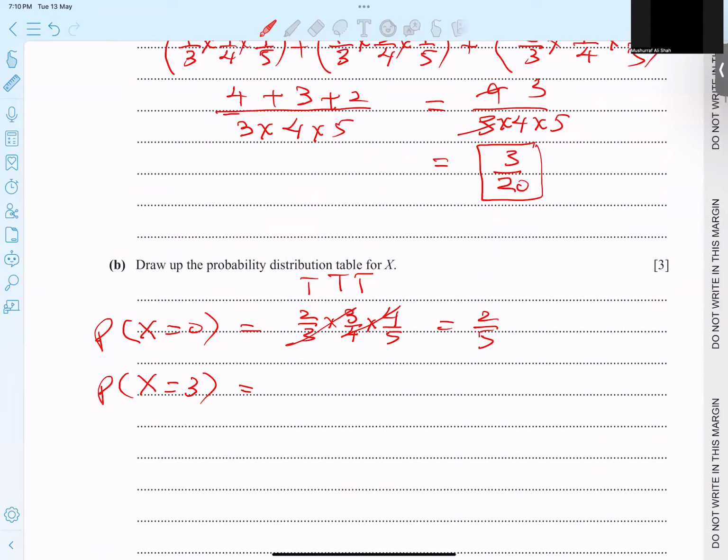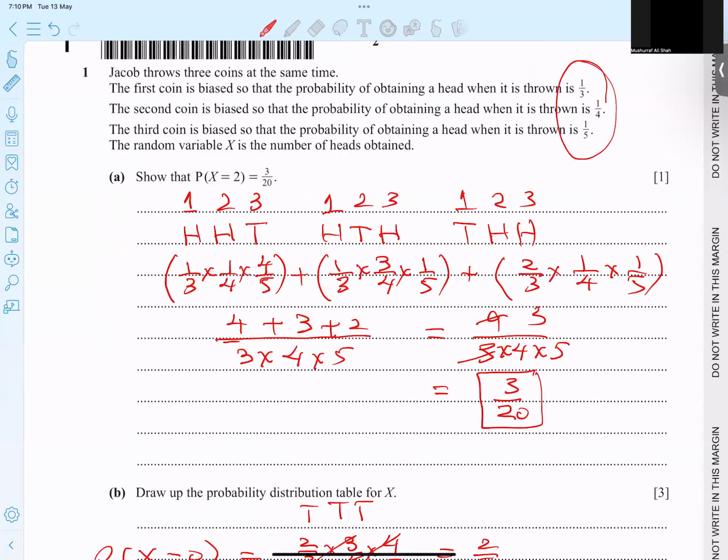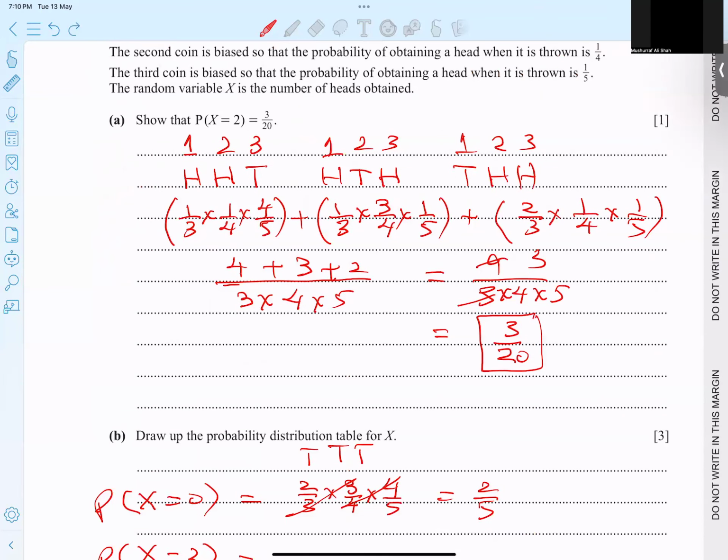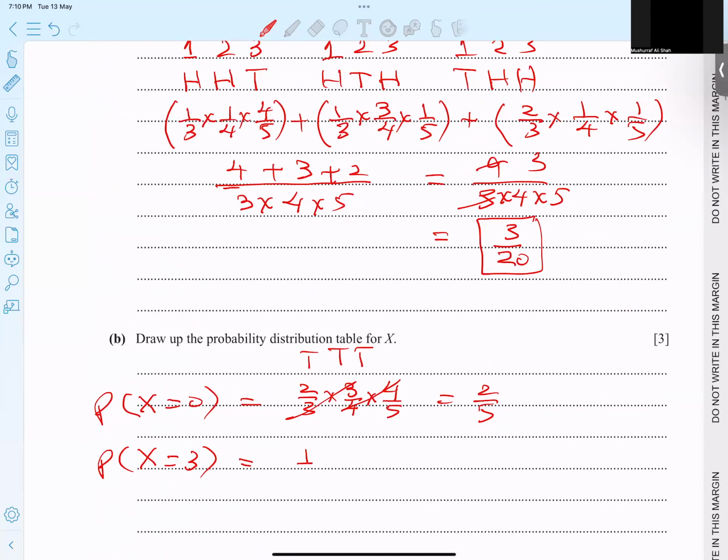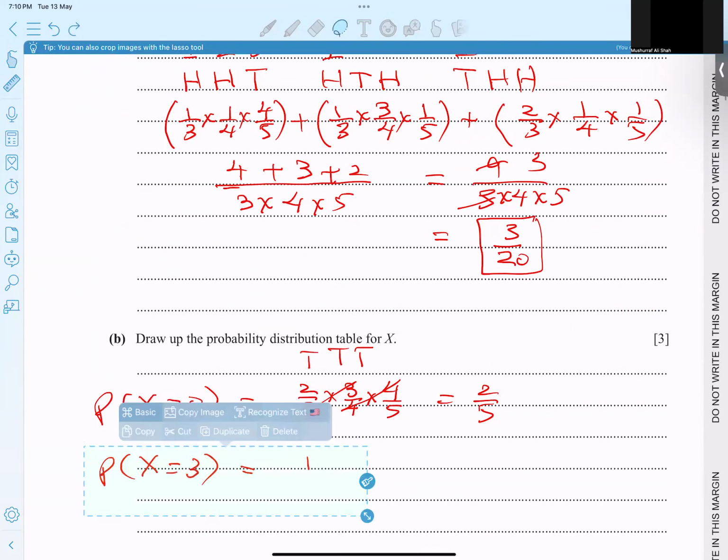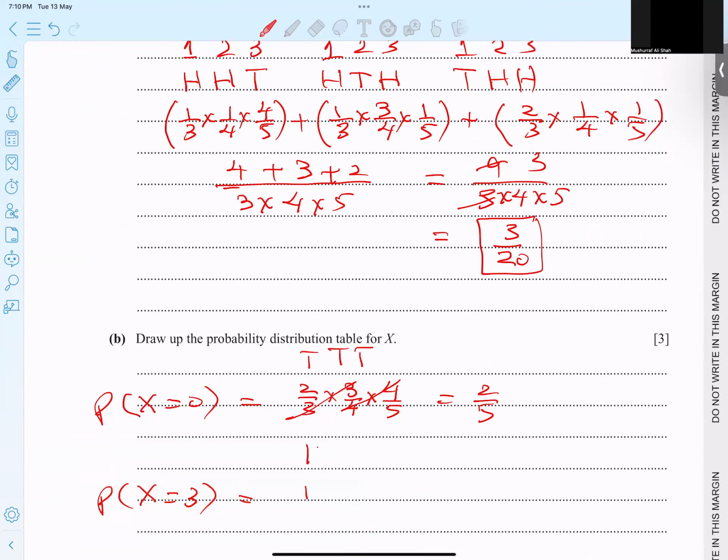So 3 heads is naturally multiplying all the heads: 1 over 3 into 1 over 4 into 1 over 5. Basically it becomes 1 over 60.